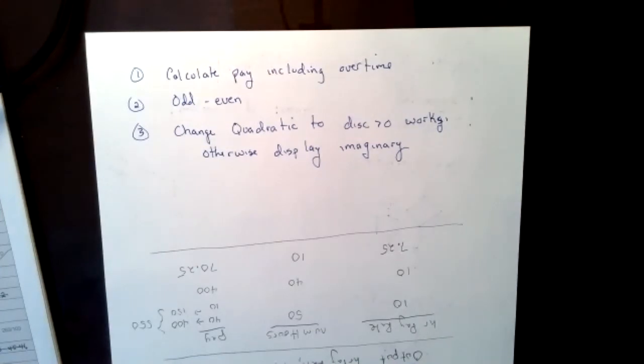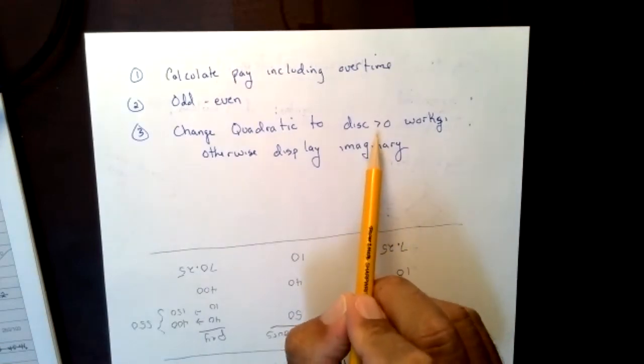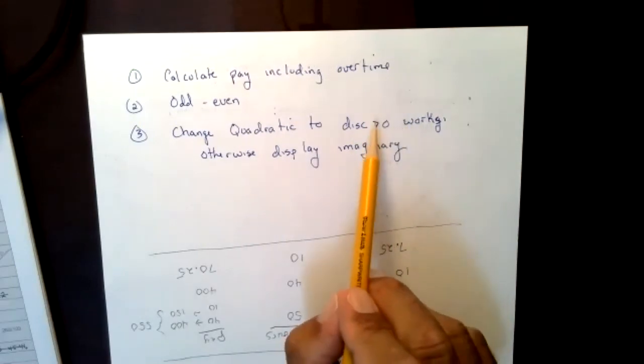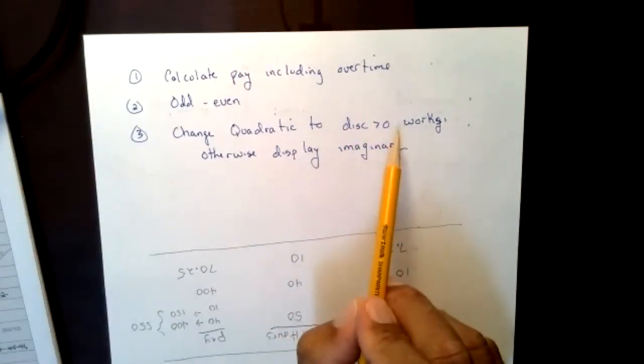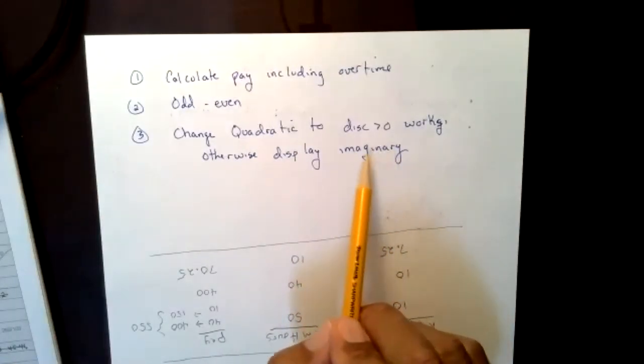Then finally, the third one: go back to your quadratic program, and check if the discriminant is greater than 0, we can keep working with our program. But if the discriminant is less than 0, what should we display? Well, my roots are going to, in fact, be imaginary.